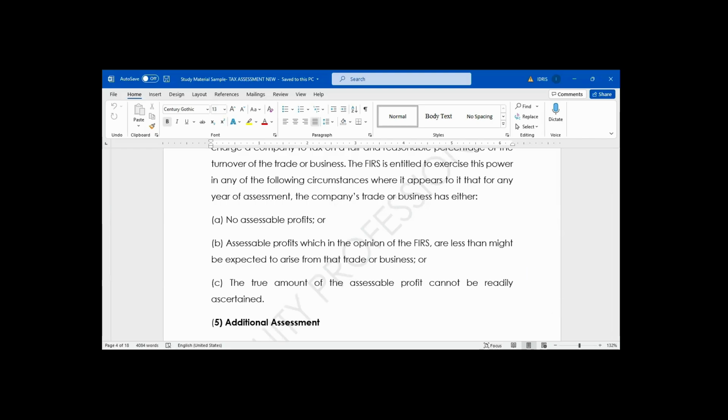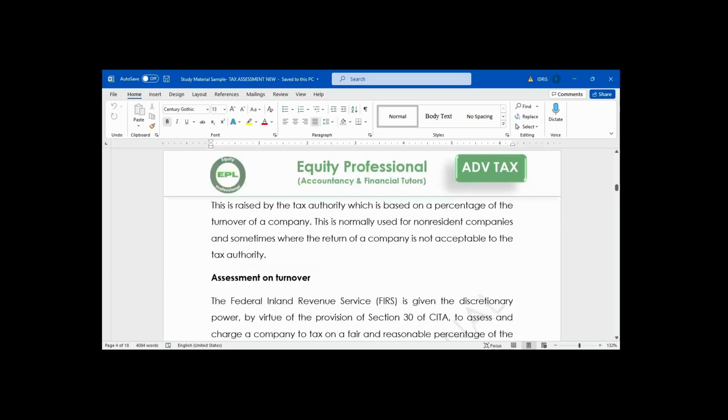So these are the conditions for turnover assessment. In turnover assessment, the company will pay their company income tax based on a percentage of the turnover.